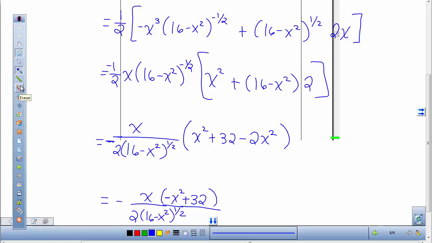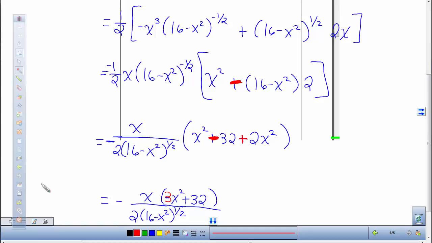I factored out a negative, so this should have become minus. And so down here we would have had minus 32 plus 2x squared. And so that would be 3x squared, and it would be positive. So positive 3x squared plus 32.